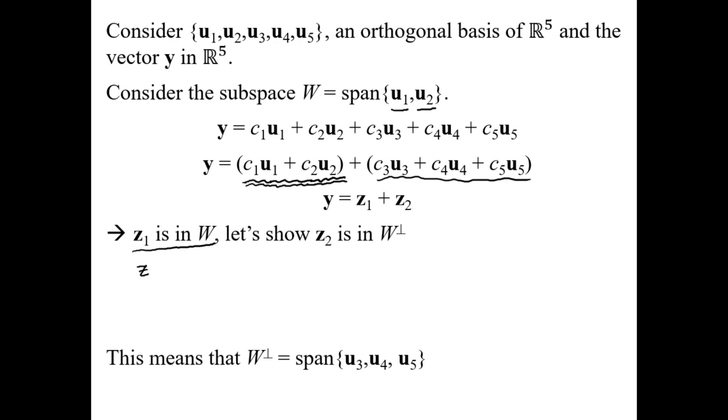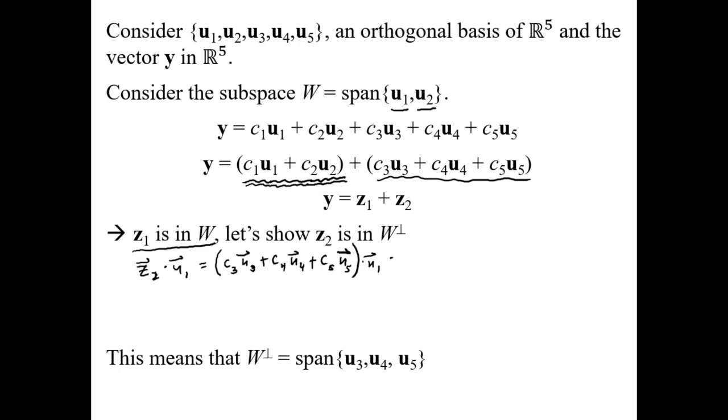So I'm trying to show Z2 is orthogonal. Z2 dot U1. Z2 was C3U3 plus C4U4 plus C5U5, and we're dotting that with U1.